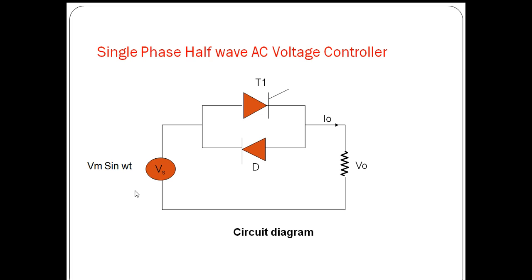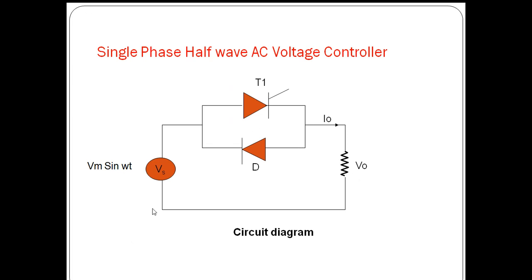So this is the circuit consisting of a single phase half wave AC voltage controller. In this, an anti-parallel connection of a thyristor and a diode is used, and this circuit is connected in series with a single phase AC supply and in series with a load.